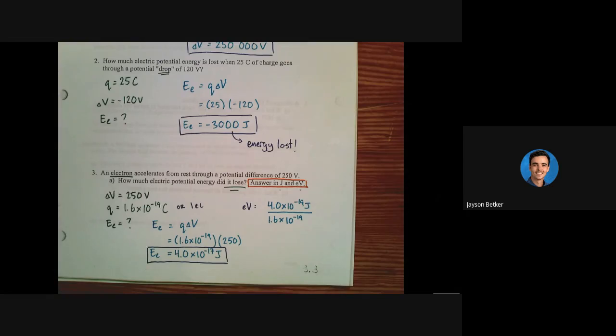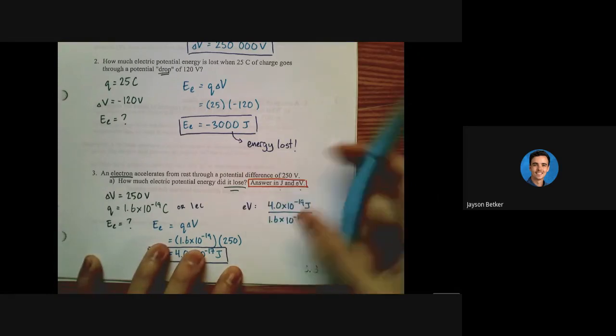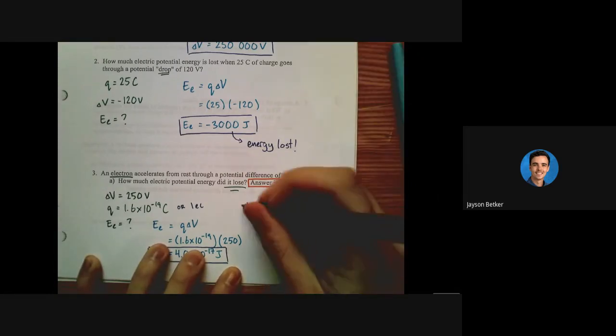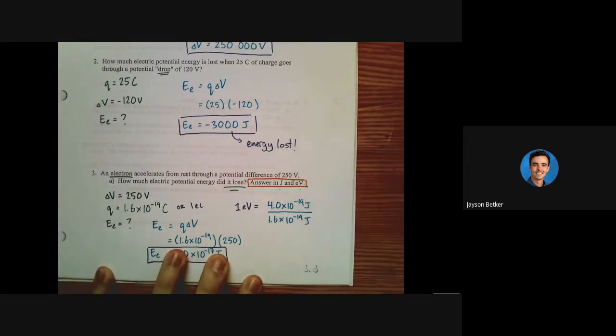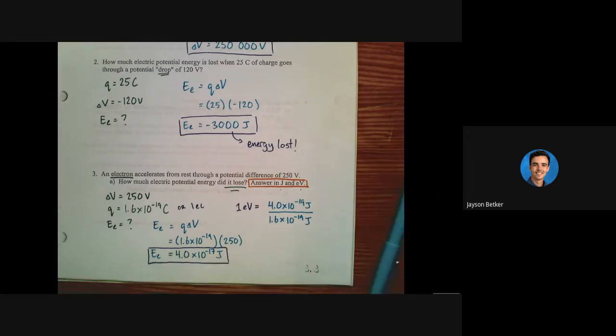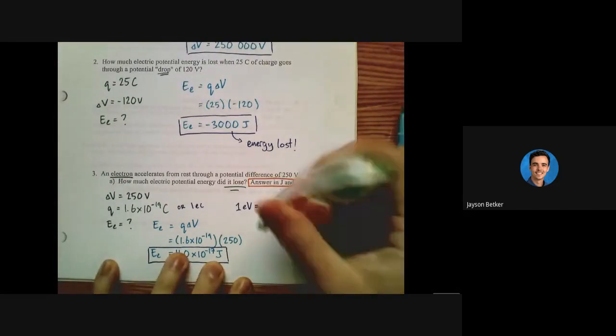And what that will end up giving us, and sorry, I guess I'll write this. I should have done it like this. 1 eV equals that, and not equals. Man, I'm having a little bit of a brain fart here. Sorry. We do our conversion factor, right? That's the whole idea.